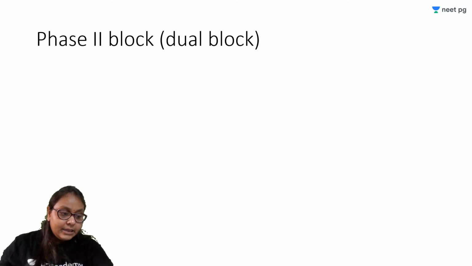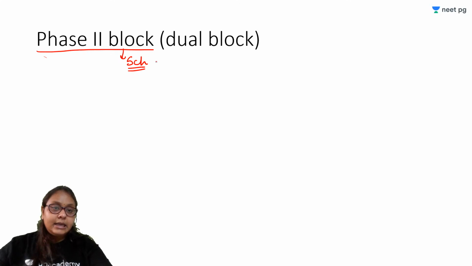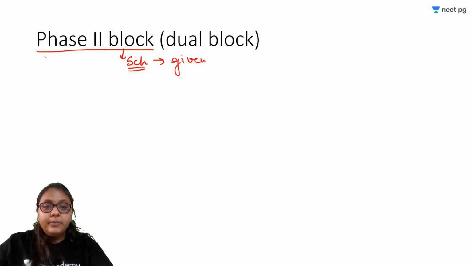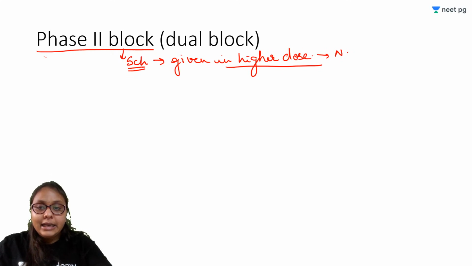Now what happens in the phase 2 block? What happens in the phase 2 block that is seen with succinylcholine? It is seen with succinylcholine when it is given in higher dosage. What it does, it starts acting like the NDMRs. So what were NDMRs doing?